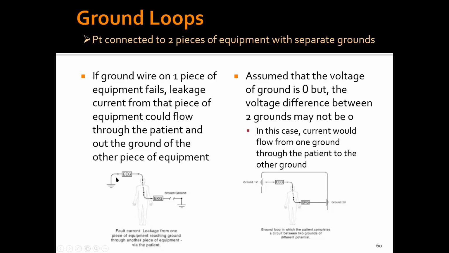The basic premise here is to make sure that there is a single common ground for any and all equipment applied to the patient. That way we don't have the issue of current traveling through the body to get to the next ground if one fails, or current looping between the two grounds instead of just taking the path of least resistance to exit appropriately.